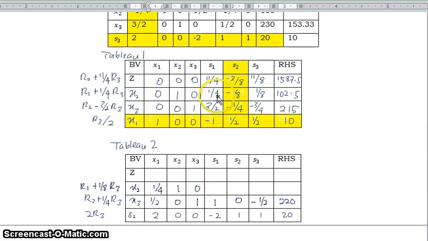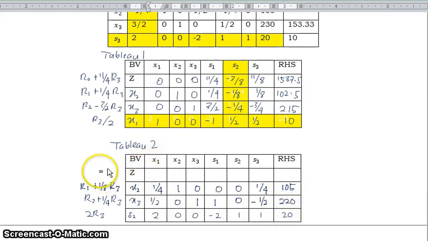S1 is 1 over 4 plus 1 over 8 times negative 2 is 0. S2 is negative 1 over 8 plus 1 over 8 times 1 is 0. S3, 1 over 8 plus 1 over 8 times 1. So we get 2 over 8, which is equal to 1 over 4. And the right hand side, 102.5 plus 1 over 8 times 20 give us 105.